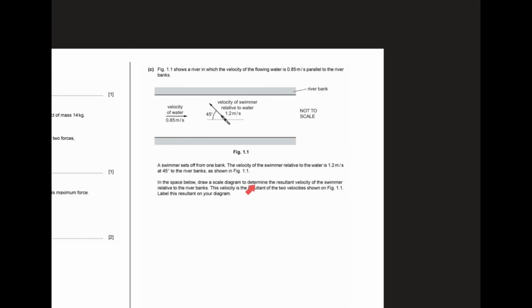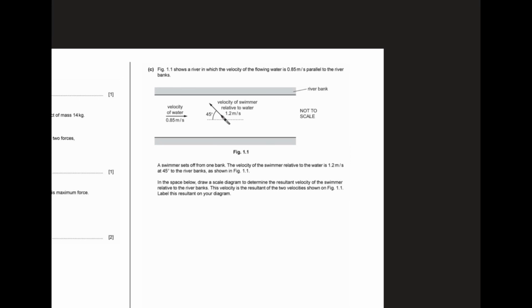In the space below, draw a scale drawing to determine the resultant velocity of the swimmer relative to the river bank. This velocity is the resultant of the two velocities shown on figure 1.1. Label this resultant on your diagram.